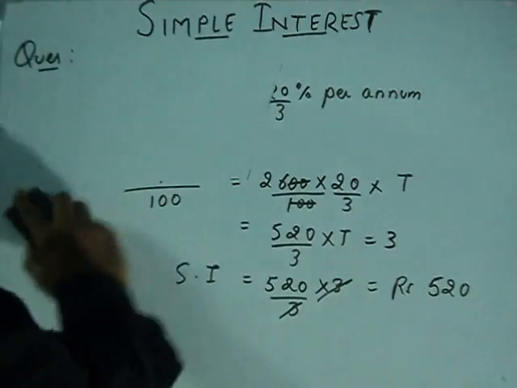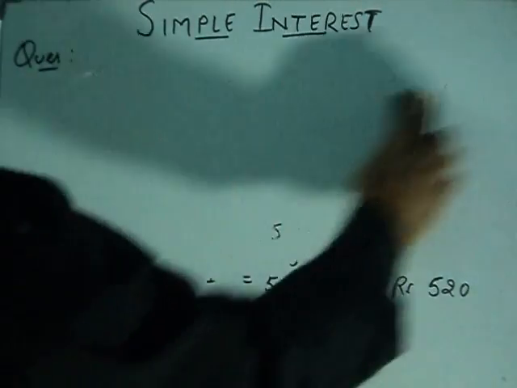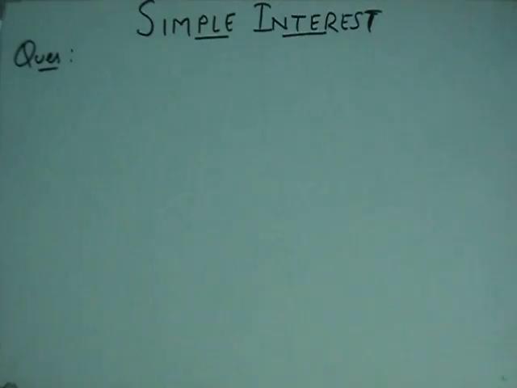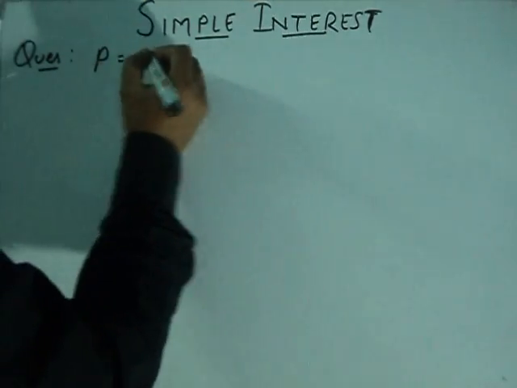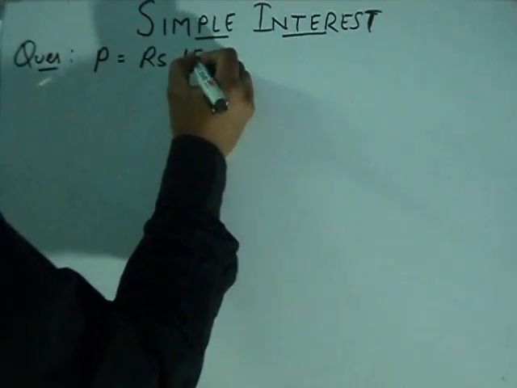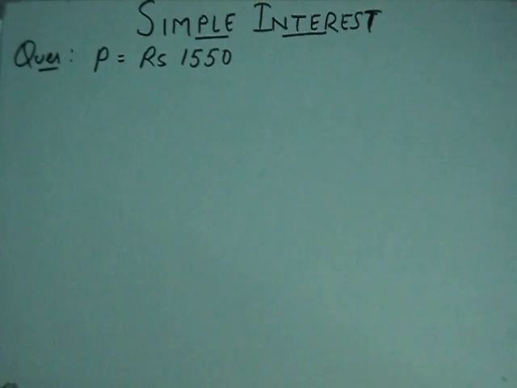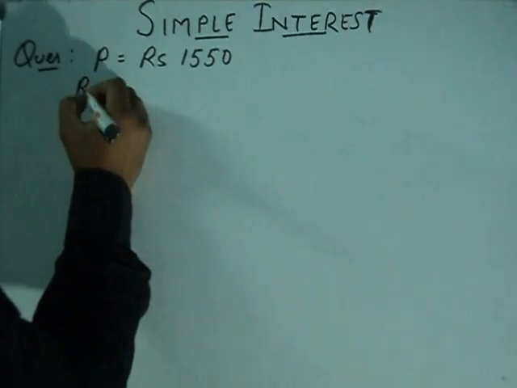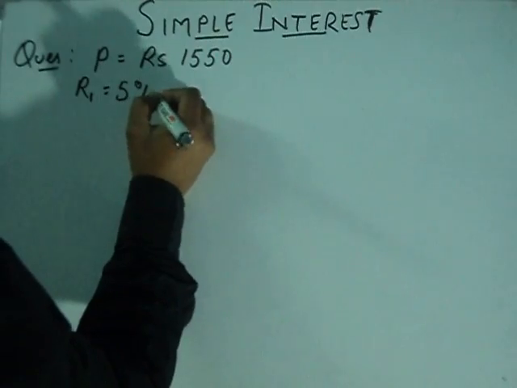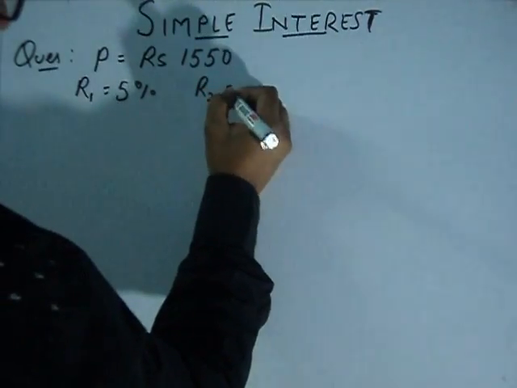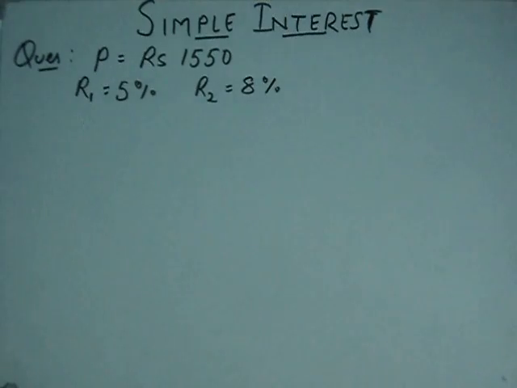It is also one type of numerical based on simple interest. Let's discuss another numerical based on simple interest. We have a principal of rupees 1550 and we are lending it in two parts, one at 5% interest, meaning our R1 is 5%, and another at 8% per annum.